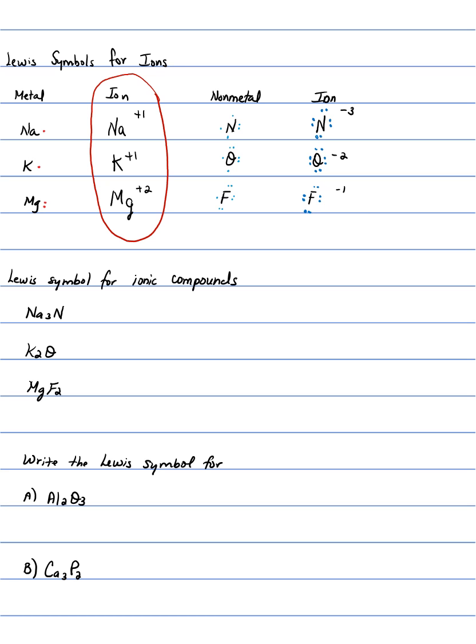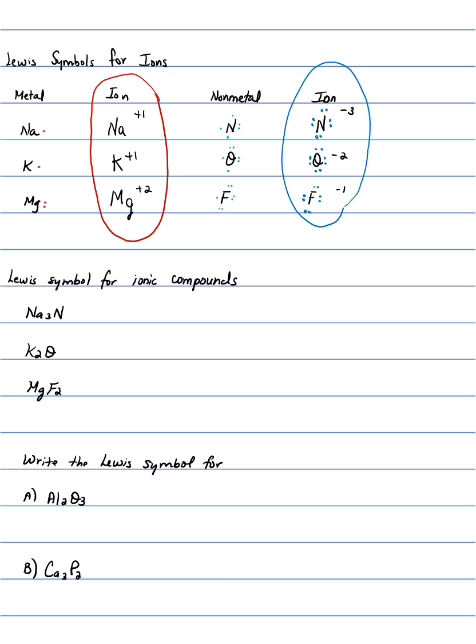And then when we move to the right side where we have the non-metals, you can see that for my 3 non-metals here, all of them will have 8 dots around the symbol. So non-metals are gaining electrons to have 8 electrons around. So that's the Lewis symbol for the ions for your non-metals, the ones that are circled in blue. All of them are gaining electrons and all of them are going to 8 electrons around.